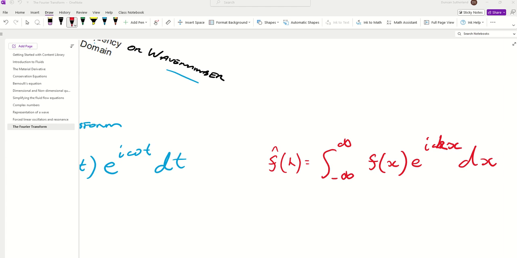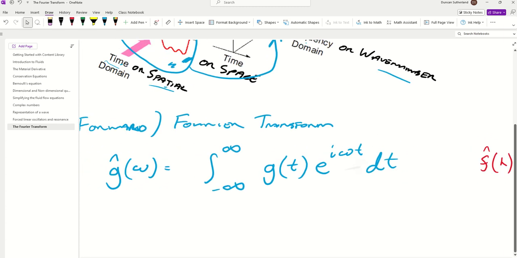This is for a spatial function f. You've got a k and an x instead of an omega and a t. That's all cool.